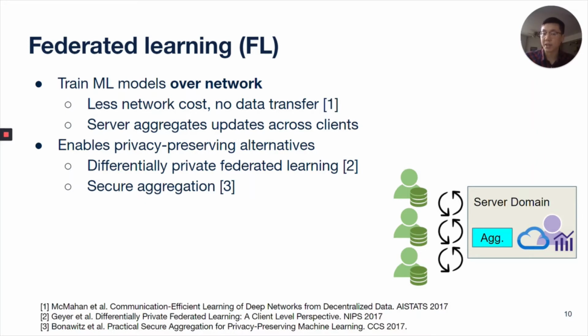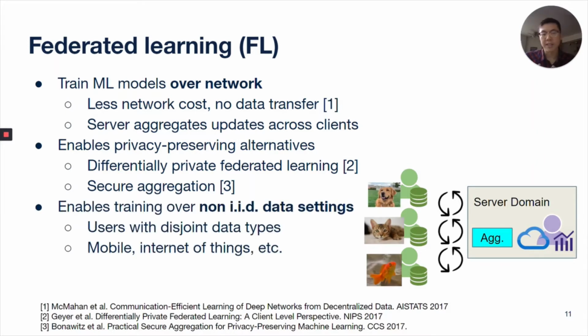made their way to federated learning, and also has the additional win of enabling training over non-i.i.d data settings, where i.i.d means independently and identically distributed. What this means in practice is that a machine learning setup can be established amongst users with highly disparate data.